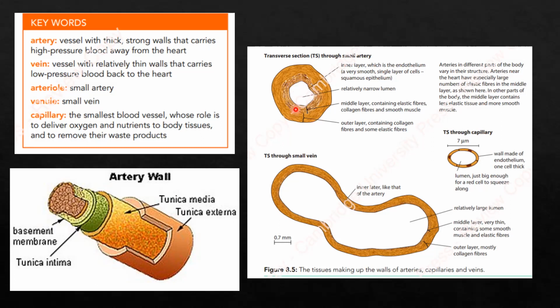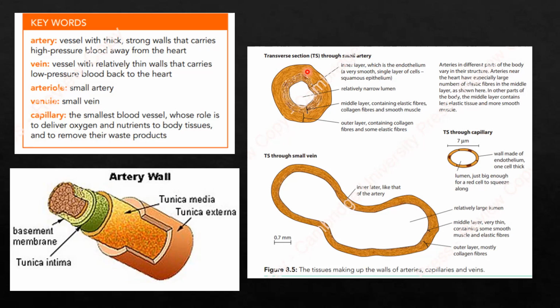So it needs a large number of fibers to support it, and it has a very thick wall. When something is very thick, its lumen is obviously very small. And it has a lot of hard, inflexible material that makes sure that even if high pressure of blood exerts itself, it maintains the shape.